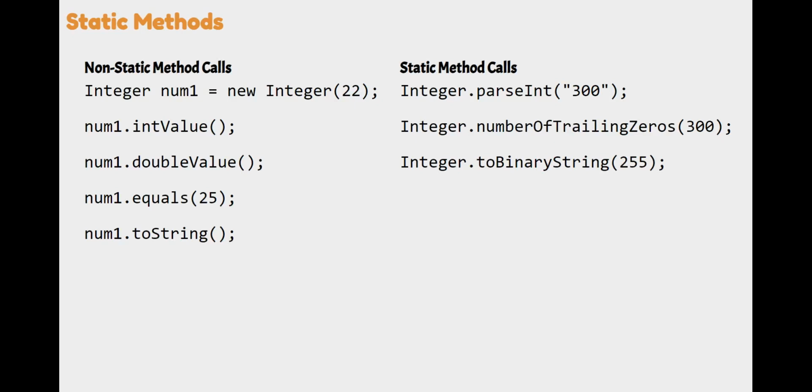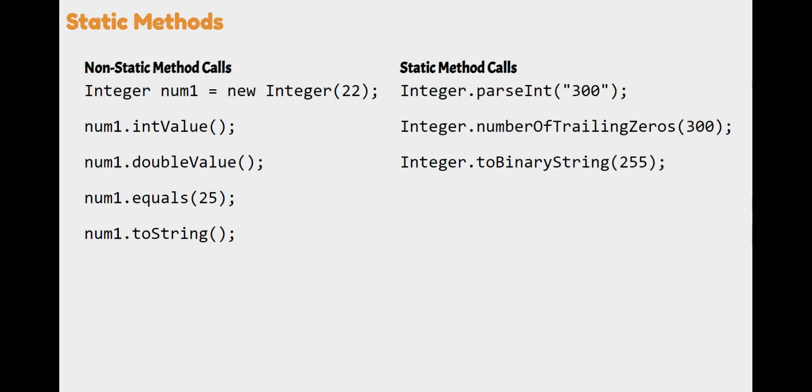That method will take that parameter, look inside the string and get the integer value out of it, and so that statement will evaluate to the int value of 300. It doesn't matter if we had an object and what that object's value is, we are giving the method all of the information we need and it's going to give the information back. We do not need an object to use this method. In that case, we call it by class name.